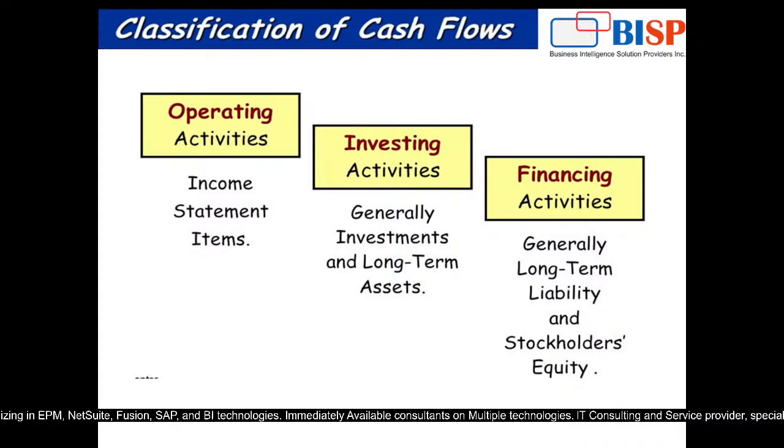This is considered as the cash outflow from operating activities, and the inflow is from the sale of the finished goods in a manufacturing unit. This is a small example of what operating activities consist of.